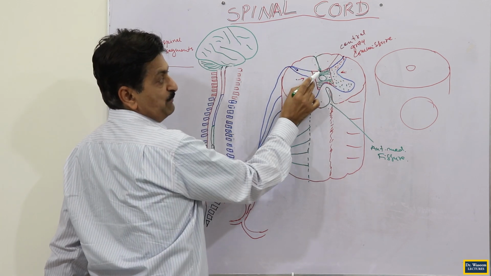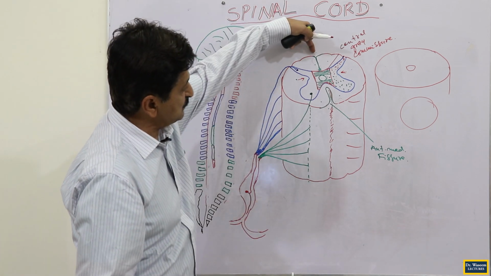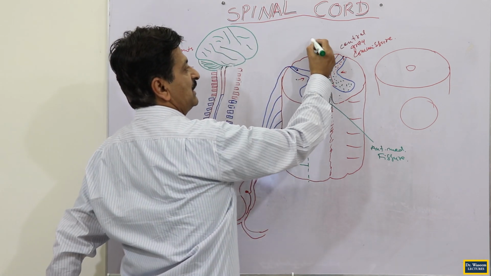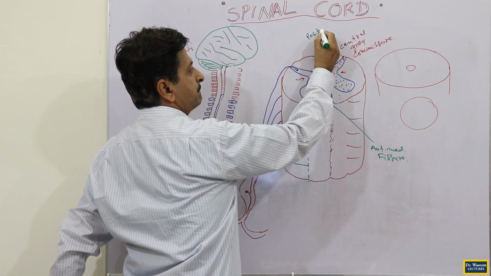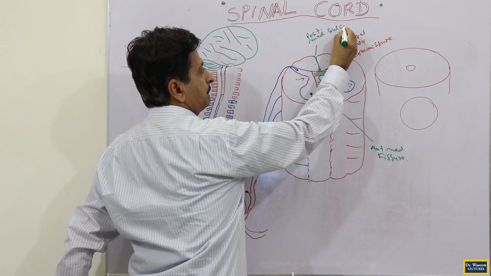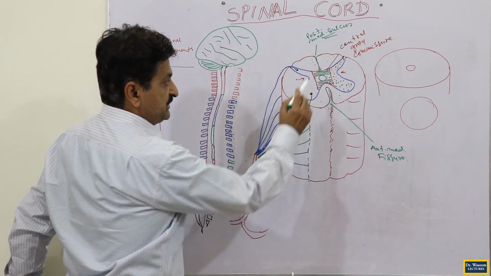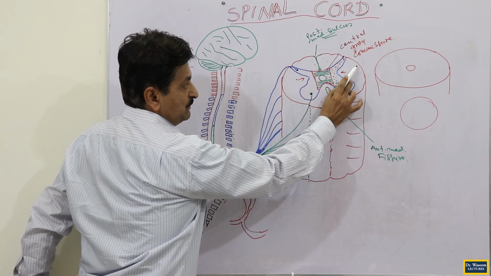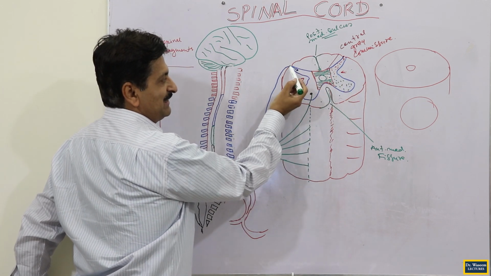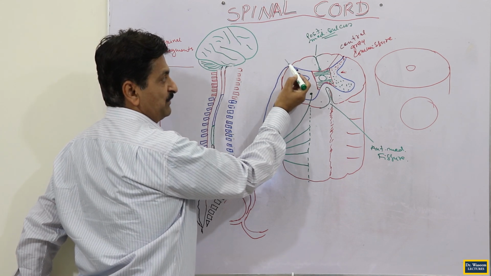This is called a septum, the posterior median septum. But on the surface, you will not see any fissure here. A sulcus appears here, called the posterior median sulcus. And when you touch the surface of your spinal cord, on the lateral side here we have another sulcus also.